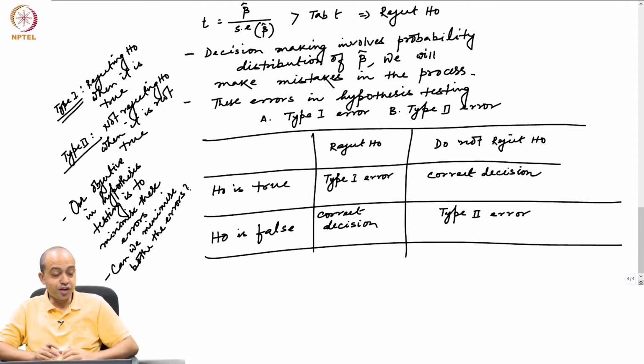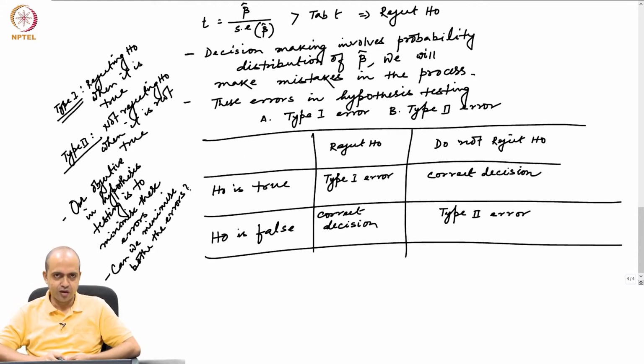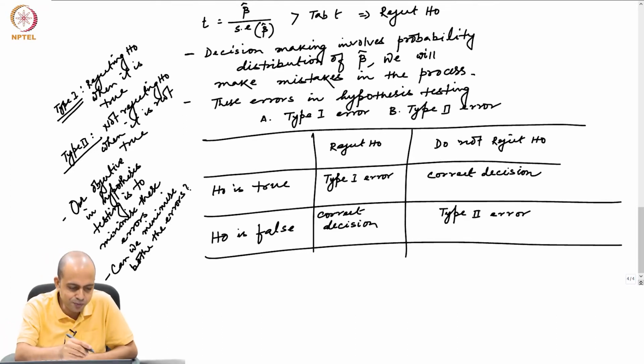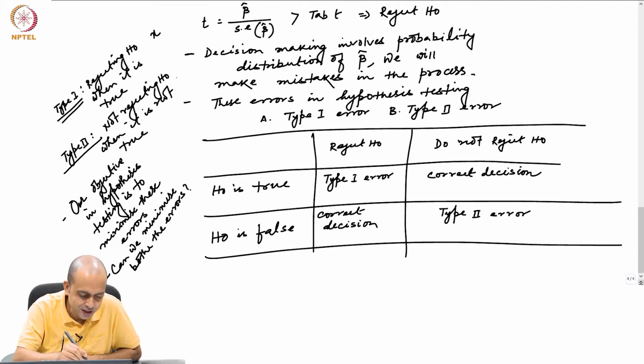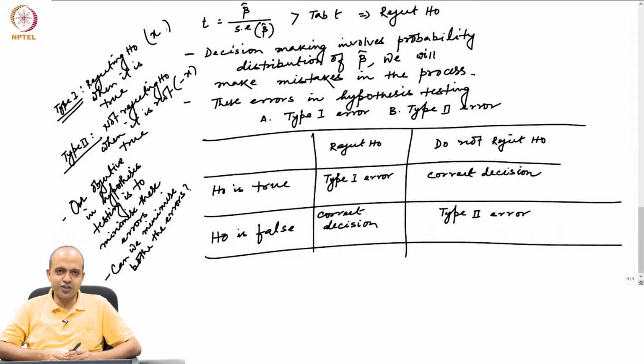Now, if you think about the nature of these two errors, you can see that type 2 error is just the opposite of type 1 error. Type 1 error says rejecting the null when it is true, and not rejecting the null when it is not true is just the opposite of that. That means, if I denote type 1 error by, let us say, x, type 2 error is just denoted by minus x. So, obviously, you cannot minimize x and minus x simultaneously, because minimizing x indicates maximizing minus x. Okay?